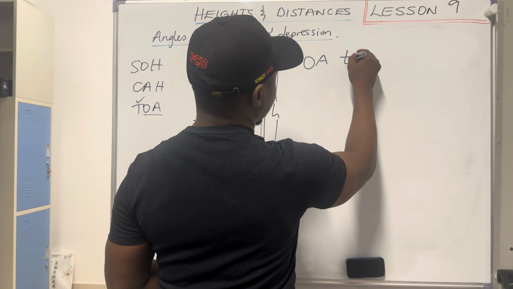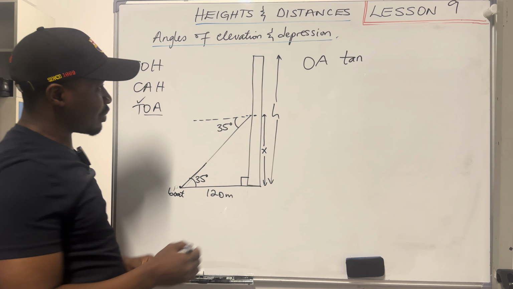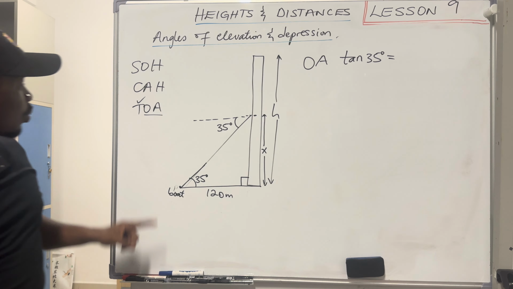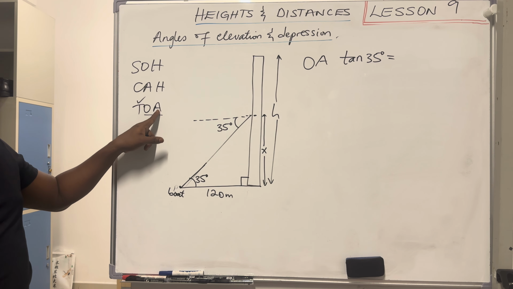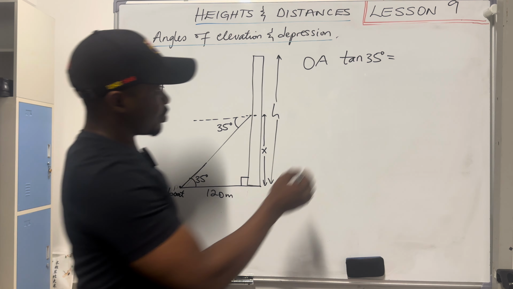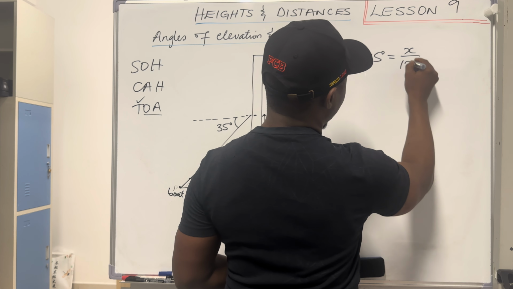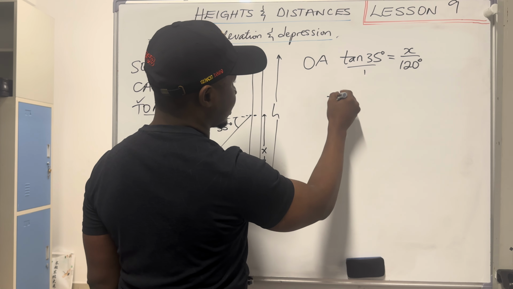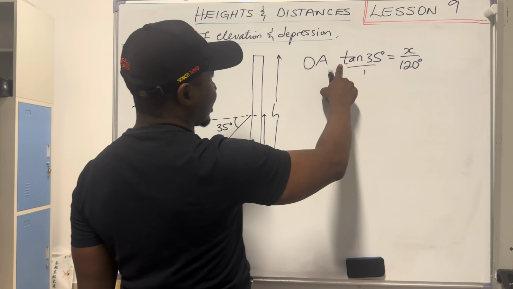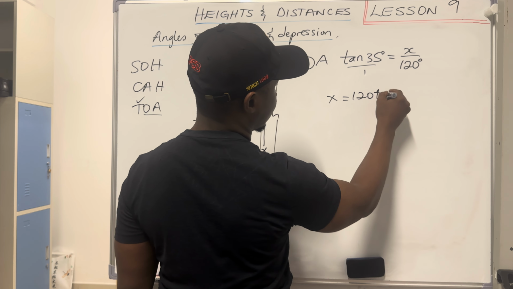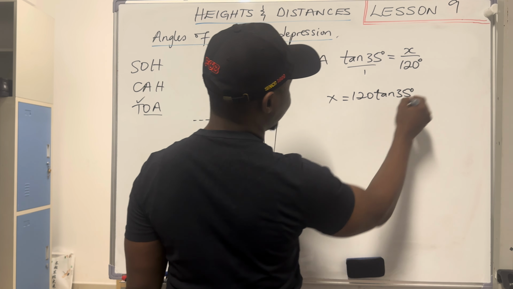So we say tan 35 degrees is equal to opposite over adjacent. The opposite is x, the adjacent is 120. So tan 35 equals x over 120. Times 120, x is equal to 120 tan 35 degrees.